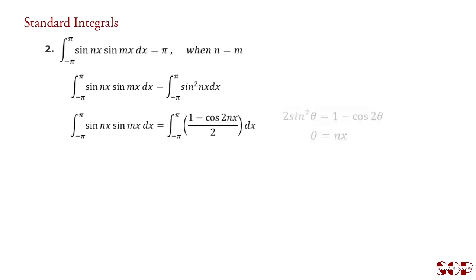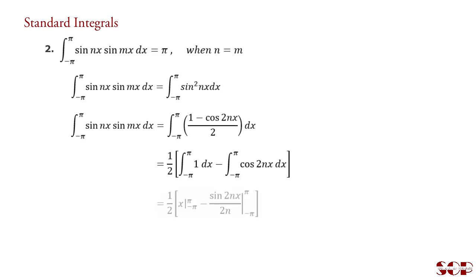Now, taking 1 half forward and expanding the bracket parts, we have the integral equal to 1 half into the bracket: integration from minus pi to pi of 1 into dx, minus integration from minus pi to pi of cos 2nx dx, equal to 1 half, integration of dx, that is x with limit minus pi to pi, minus the integration of cos 2nx, that is sin 2nx upon 2n, with limit minus pi to pi.